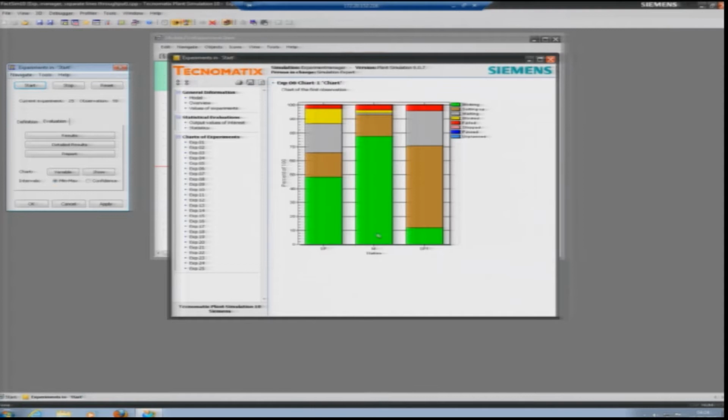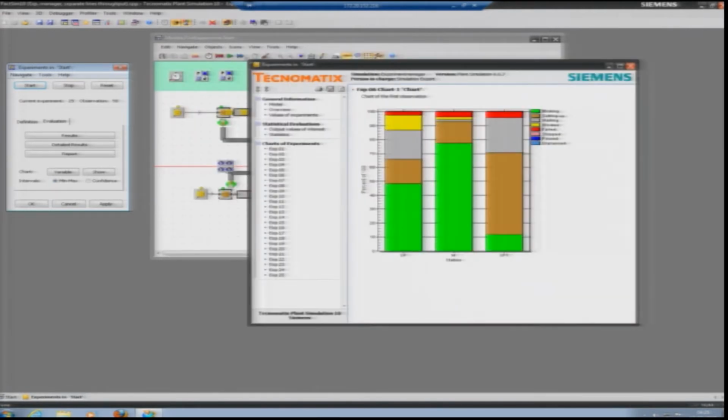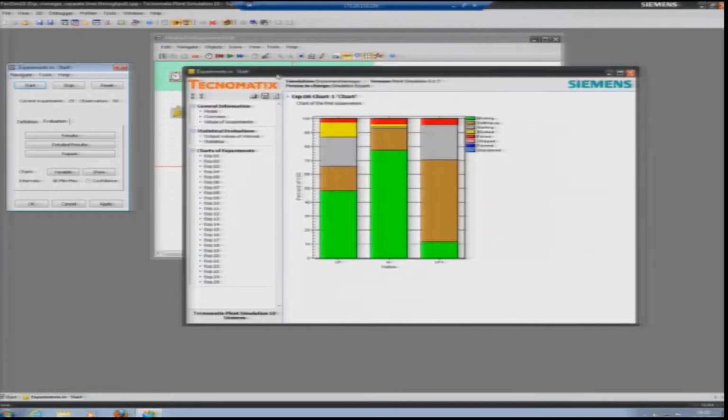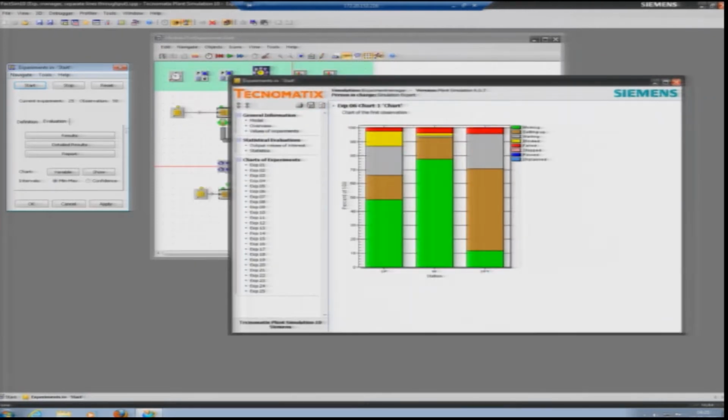It is working for this much percentage of time, and this much time being set up, this is the waiting time, this is blocked time, and for this much percentage of time it is failed. The failure here is because we chose the normal distribution and we put a 5% failure rate here as well.